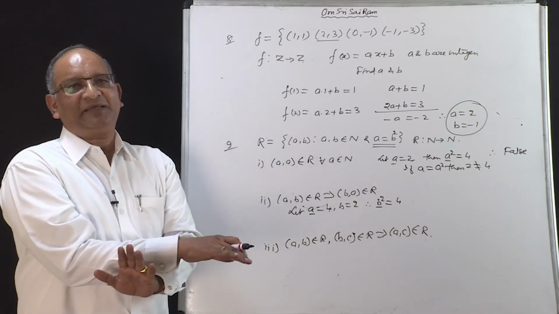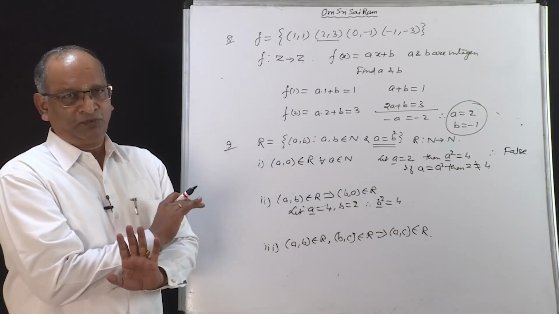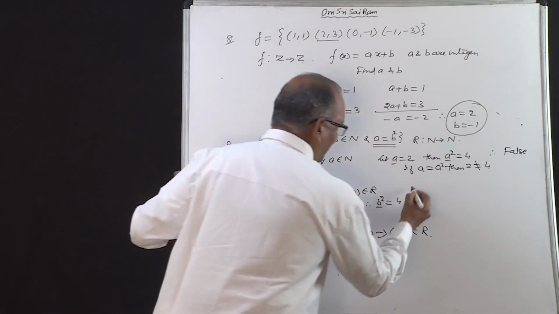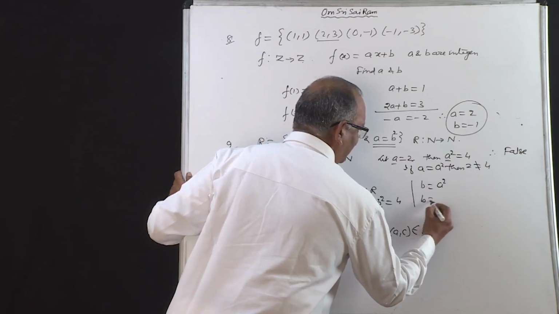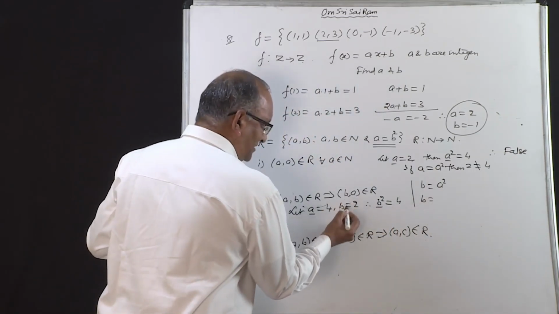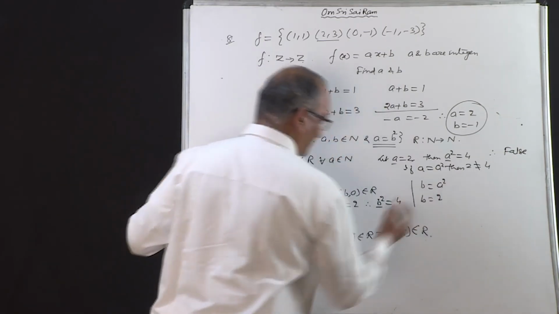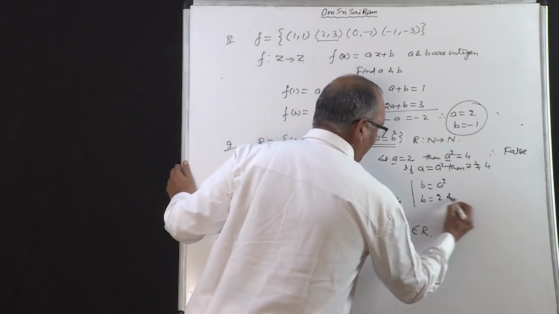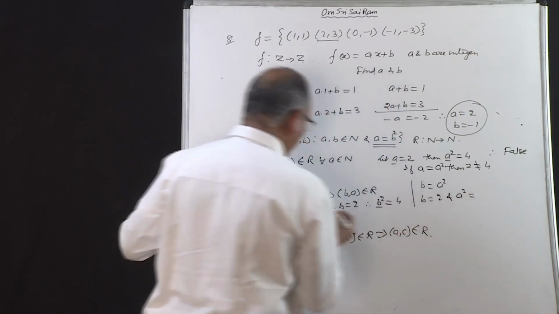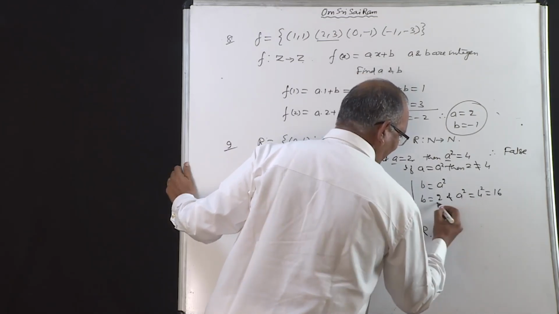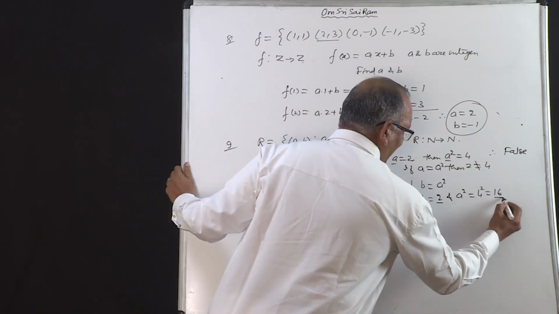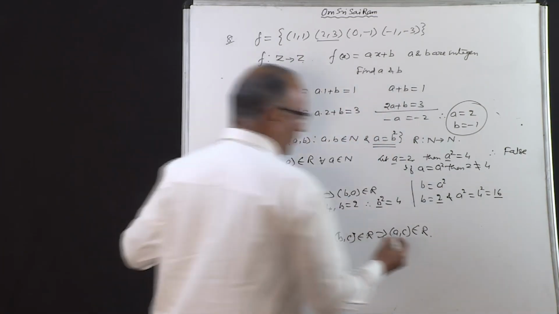Now we have to see whether by reversing it, it is true. If you reverse it, you will get B equal to A square. What is B here? B is 2. What is A square? A is 4, so 4 square equal to 16. So we find that B is 2, A square is 16, which are not equal.